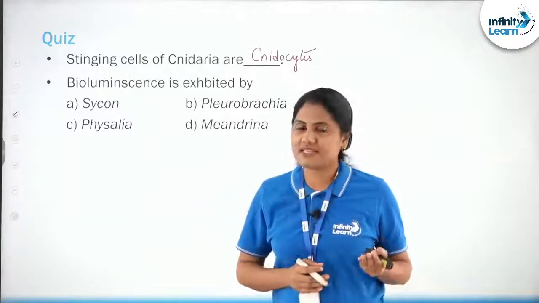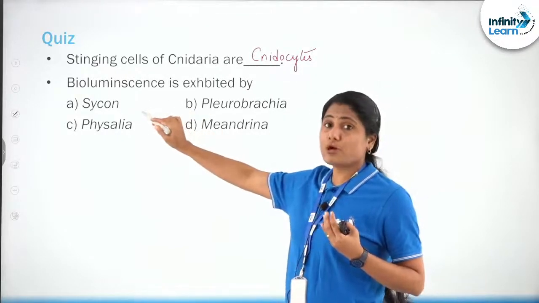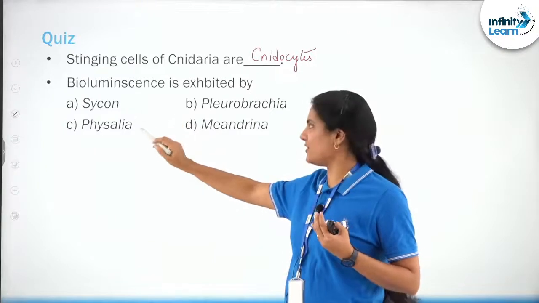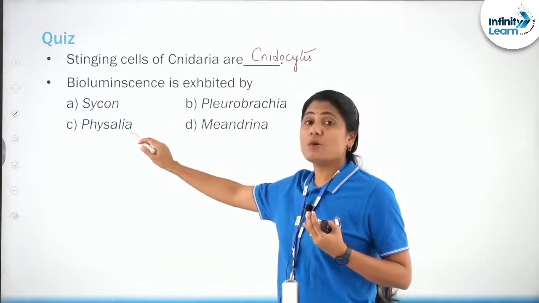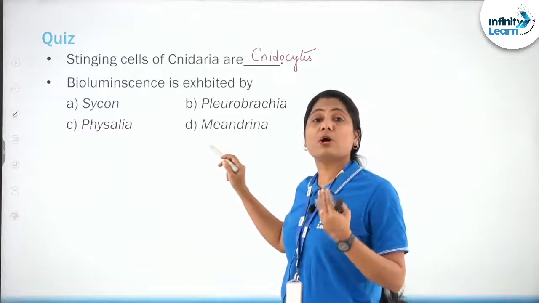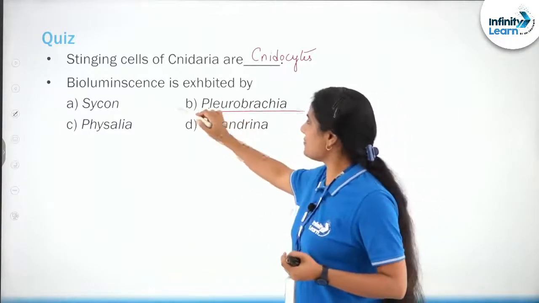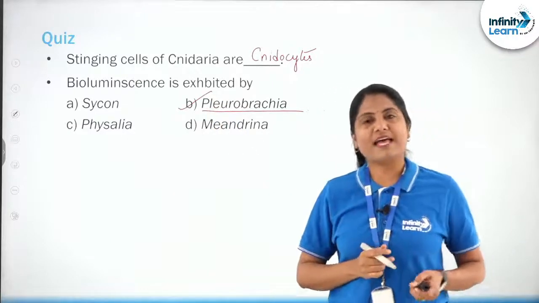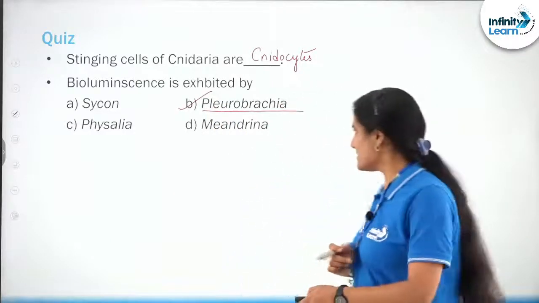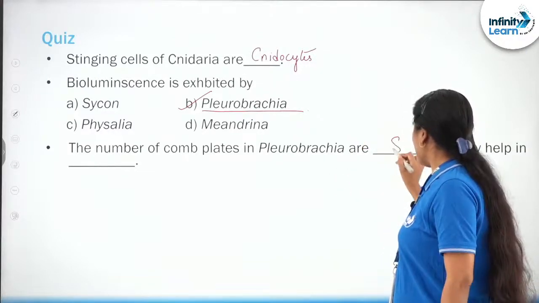And where do we see this? Ctenophora. All the others: Sycon and Scypha belong to sponges, Porifera, right? Physalia, Portuguese man of war, and Meandrina, brain coral, belong to Cnidaria. So Pleurobrachia is the one which belongs to Ctenophora and exhibits bioluminescence, right?